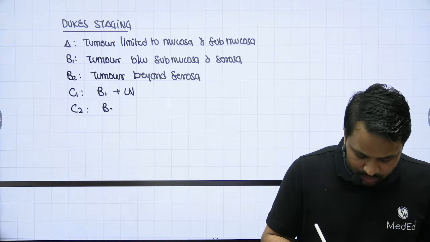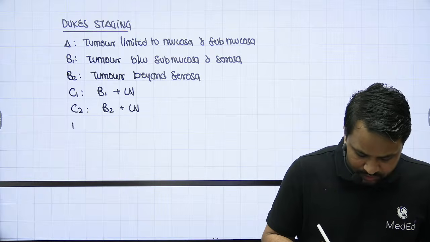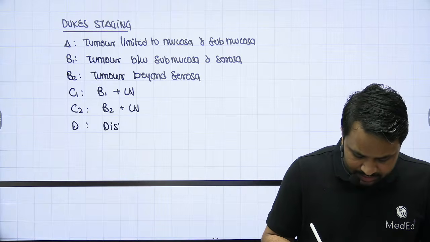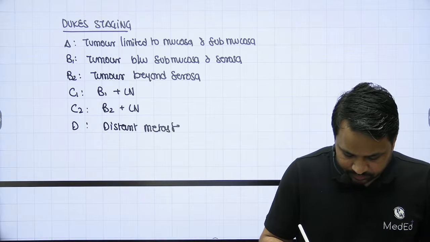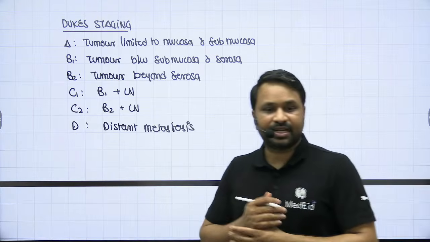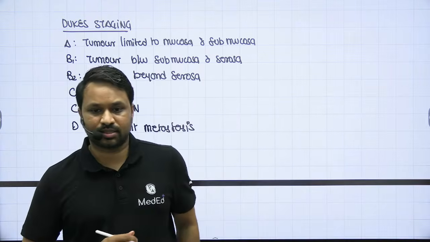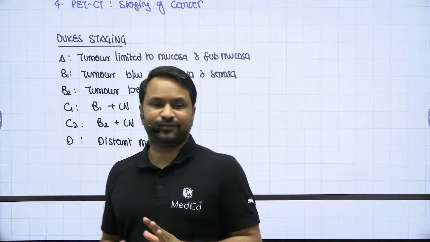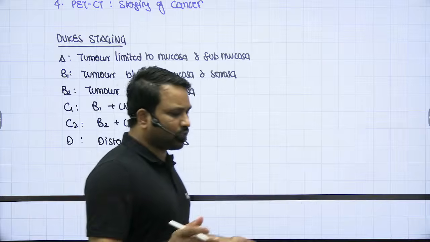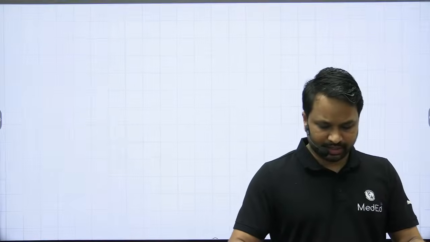C2 is B2 with involvement of regional lymph nodes. D stands for distant metastasis. Clear? Now, once you have concluded the Duke staging, let's talk about the management of the rectal cancer.